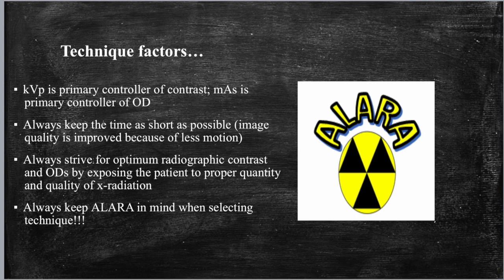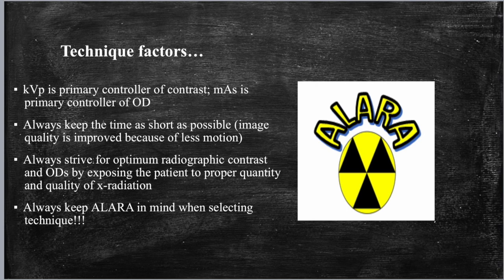Before the technologist does an exam, they must choose proper technique factors that include KVP, mass, and exposure time. Always keep the time as short as possible. The overall image quality is improved because of less motion. The technologist should always strive to obtain optimum radiographic contrast and density.